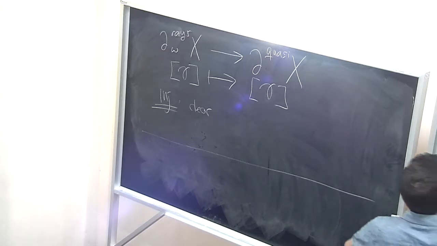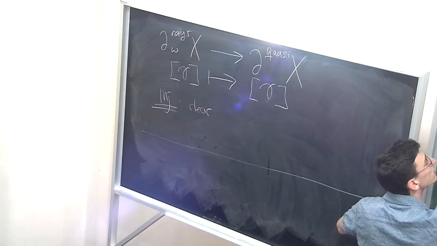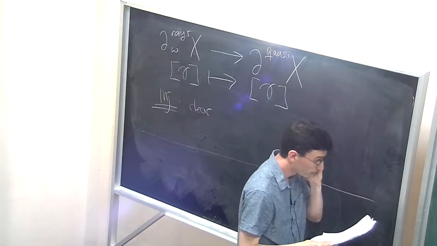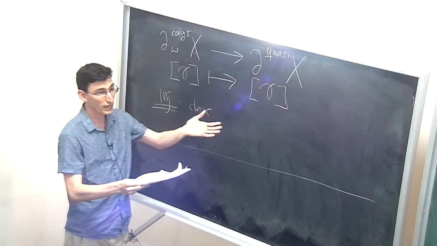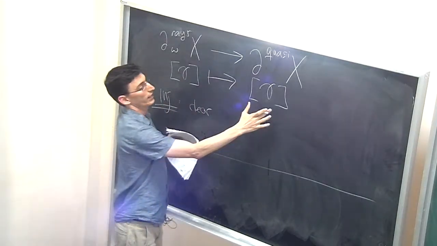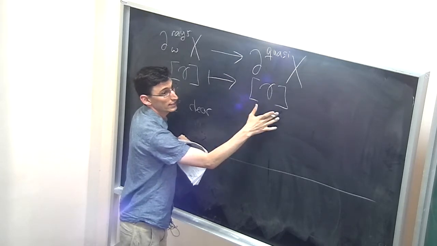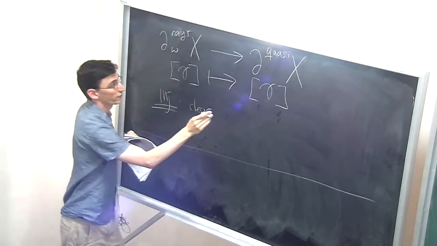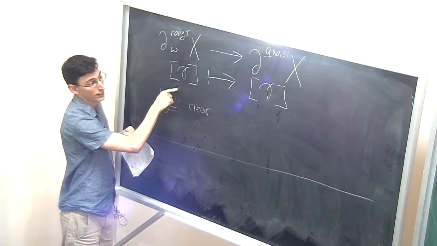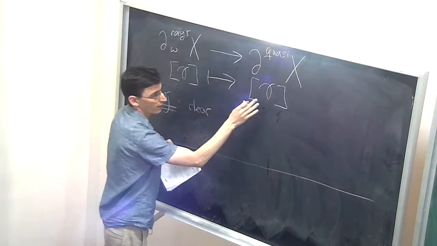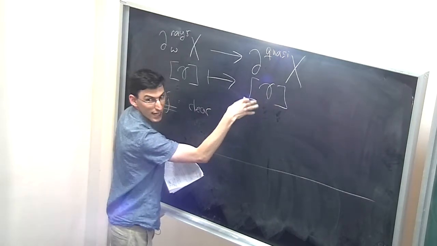I want onto. What does onto mean? Onto means if you give me some quasi-geodesic, I can find an actual base geodesic that's essentially close to it, or at least close to a quasi-geodesic that's also close to that guy.